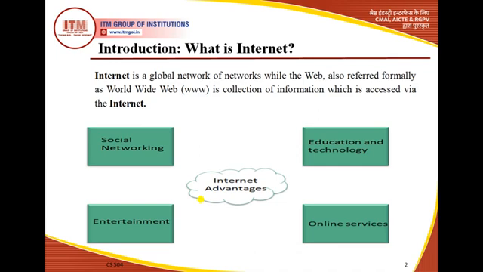If we talk about the introduction, the very first question which comes to our mind is, what is internet? How can internet be defined? Simply, internet is a global network of networks. We can simply define internet as a global network of networks.